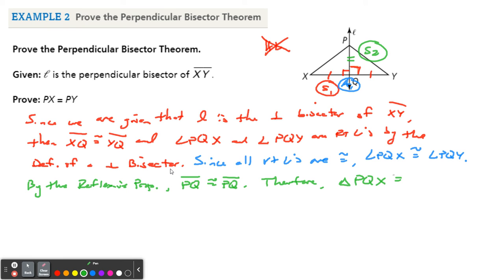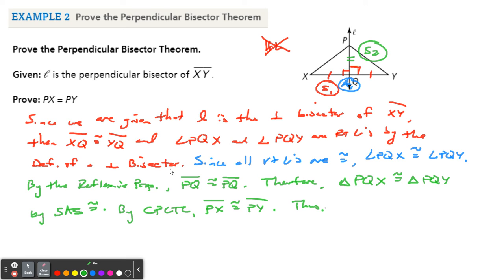Triangle PQX is congruent to triangle PQY by side angle side congruence. So then by CPCTC, segment PX is congruent to segment PY. And if two segments are congruent, then their lengths are equal.